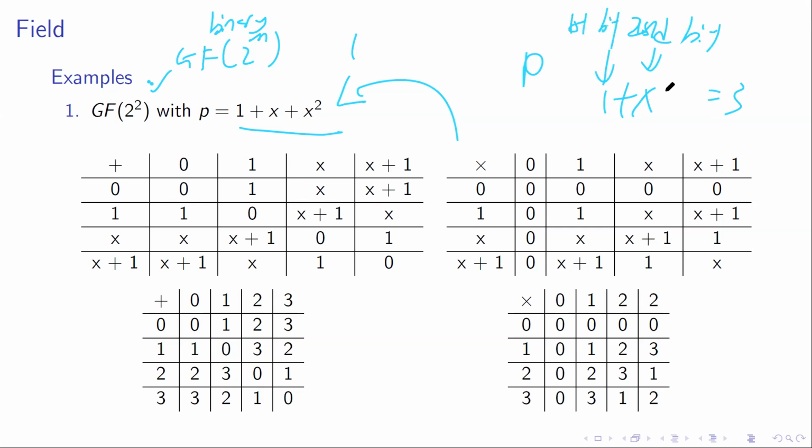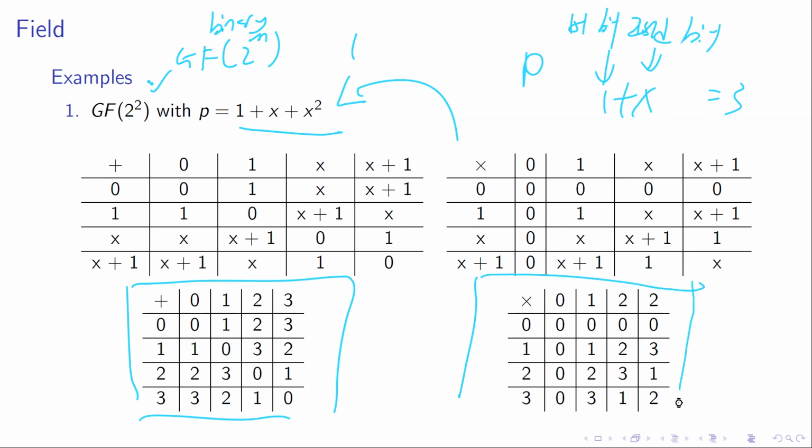So we just take the degree, and if we convert everything into numbers, then we get this, which is nicer to look at instead of all the polynomials. And this is the Cayley table for this Galois field.